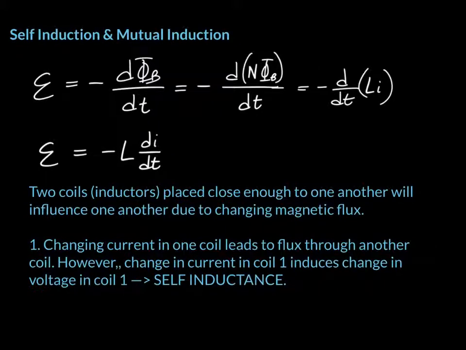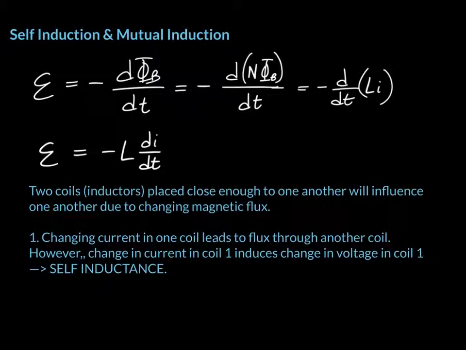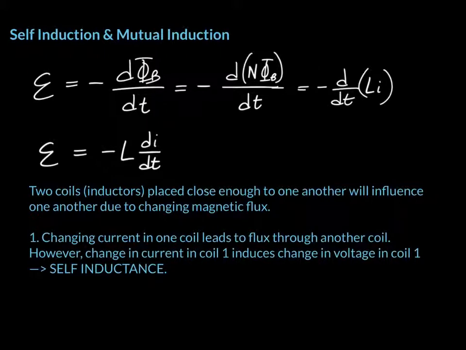So this self-inductance business happens within the coil itself. They're kind of self-defeating in one sense of the word. Changing current in one coil will produce a flux through the other coil. However, that current in coil 1 produces an electric field. So it's a self-inducting thing. So when we say self-inductance, we mean what a coil does to itself when it starts to generate a magnetic field.